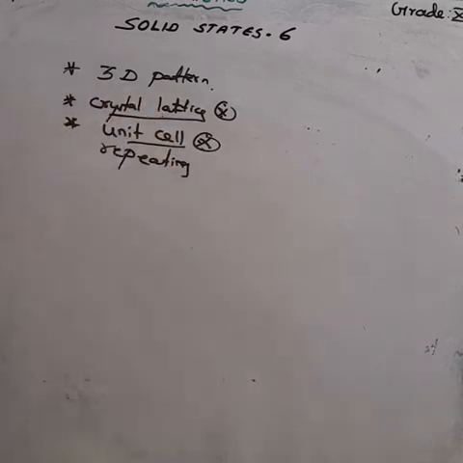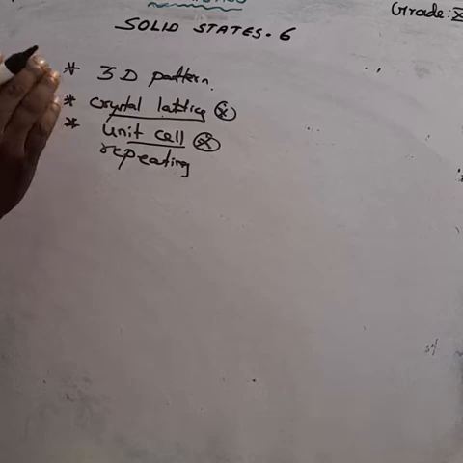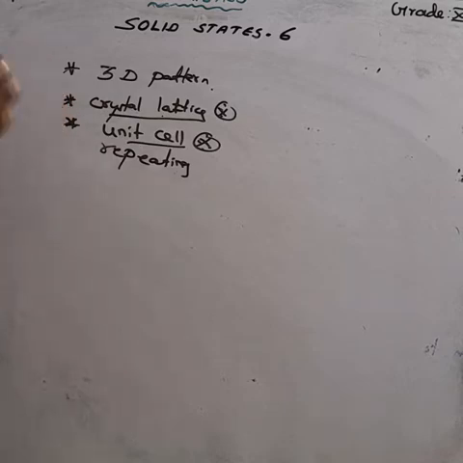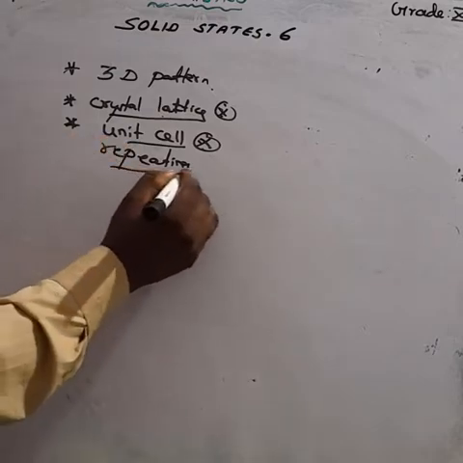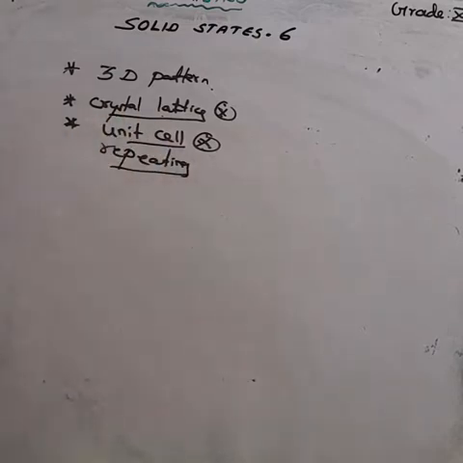The regular arrangement of the species throughout the crystal is called crystal lattice. A unit cell is the repeating unit. One unit of the crystalline solid, that repeating portion, we are calling the unit cell.